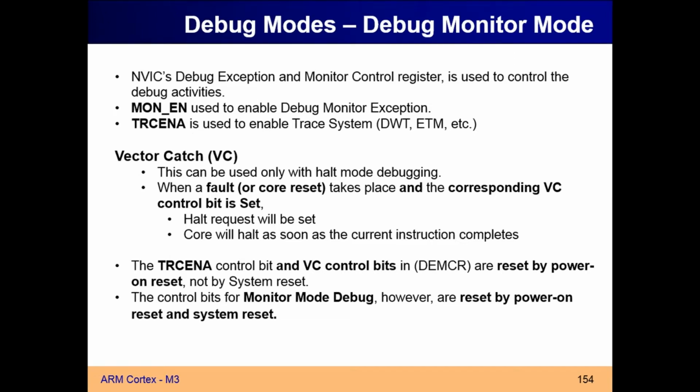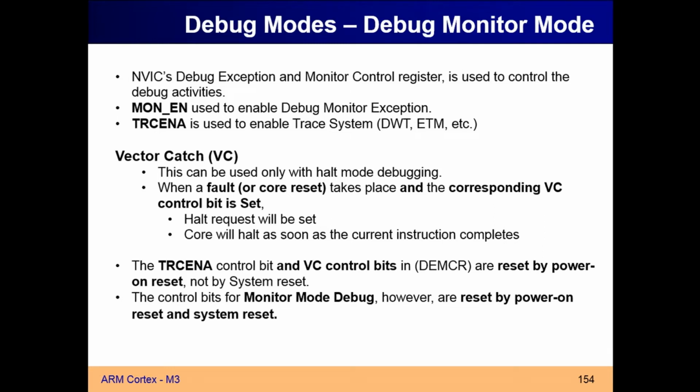Because I told you debug monitor mode is nothing but an exception like the other exceptions. So if this exception has to be generated from these trace modules, the trace enable bit also should be set.